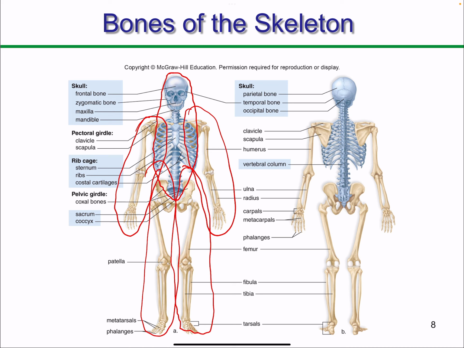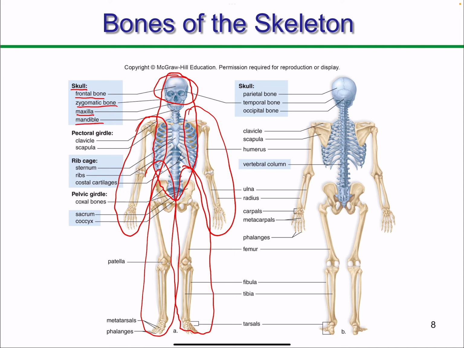Now, let's first of all spend some time on the axial skeleton. The axial skeleton is going to be made up of the skull, right? Right here. And the skull is going to be made up of the frontal bone, the zygomatic bone, the maxillary bones, and the mandible.